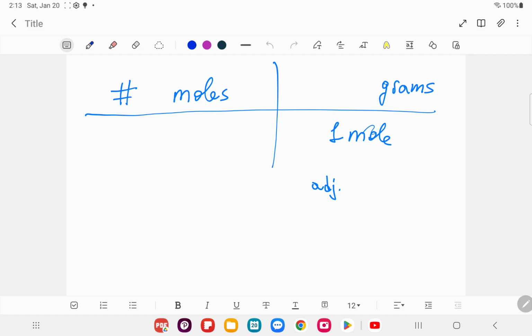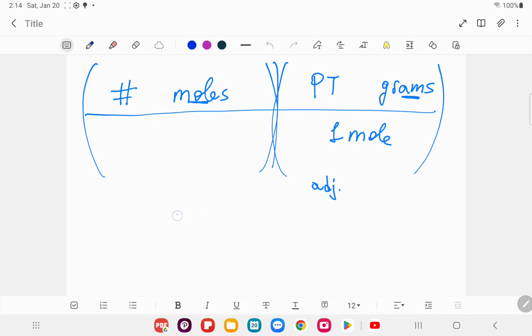So let me write here, 1 mole is the periodic table grams, according to the particular element. So if you want to go from moles to grams, this is the setup. You take this fraction, you multiply by this fraction.